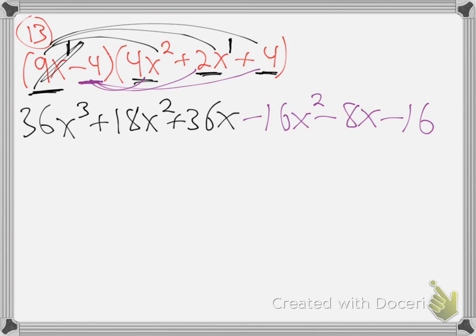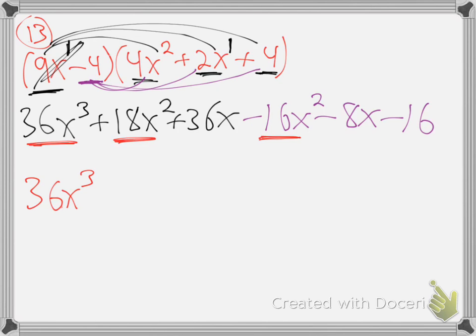Now, let's take them from highest power to lowest. 36x cubed, he's in a class by himself. There's nothing with him. 36x cubed. Okay, next. 18x squared minus 16x squared. I'm in adding, subtracting mode now. Parentheses are gone. Multiplying's over. So I'm just adding, subtracting.